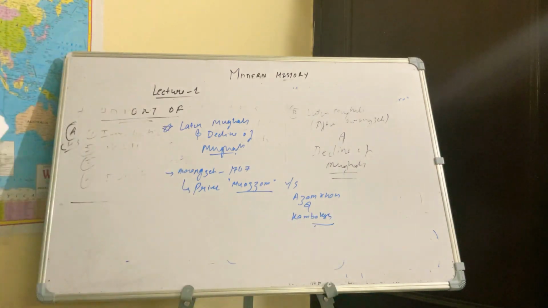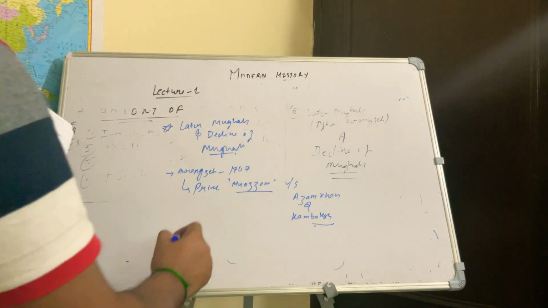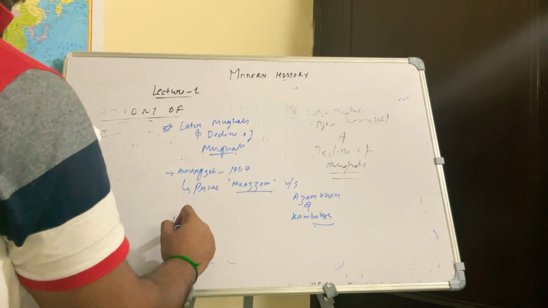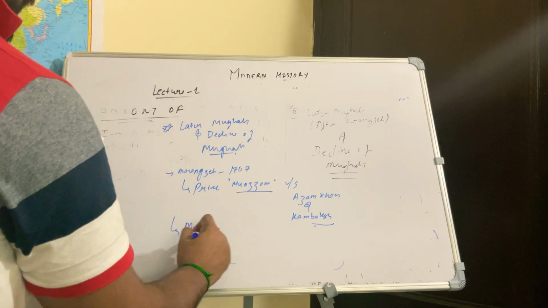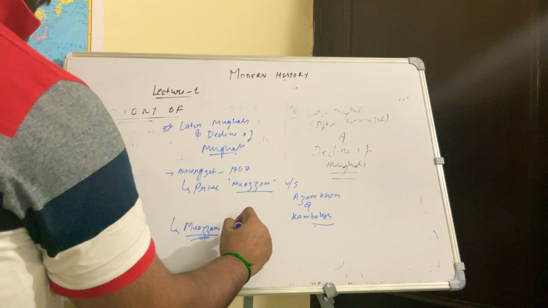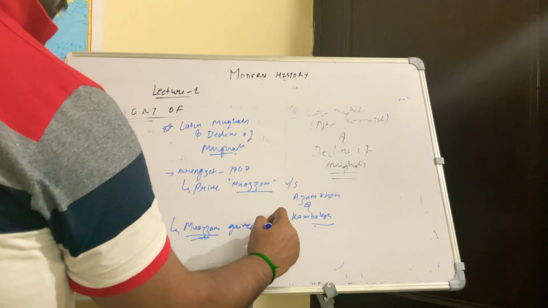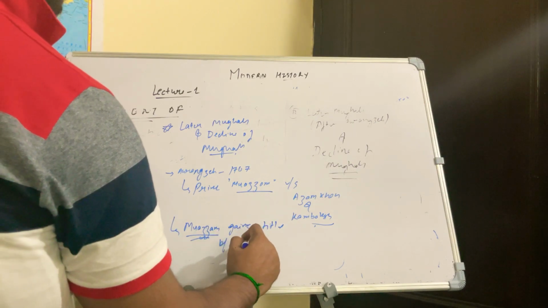He ascended to the throne with the title of Bahadur Shah. Prince Muazzam gained the title of Bahadur Shah.